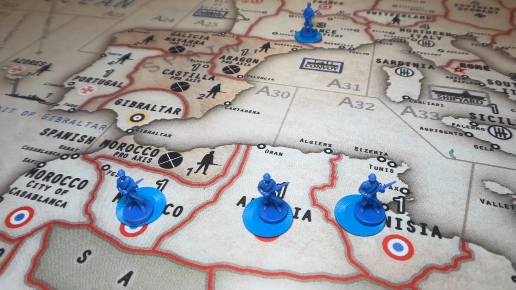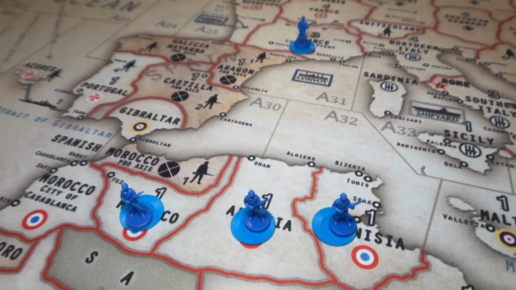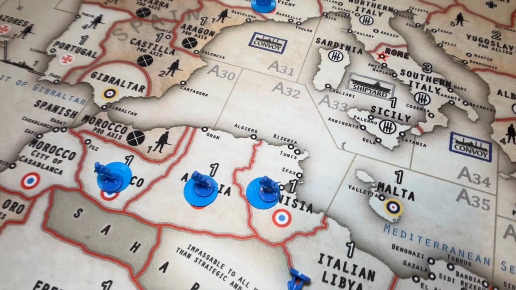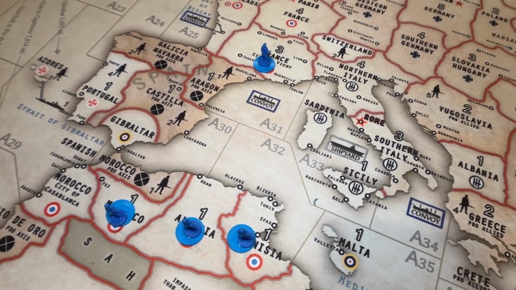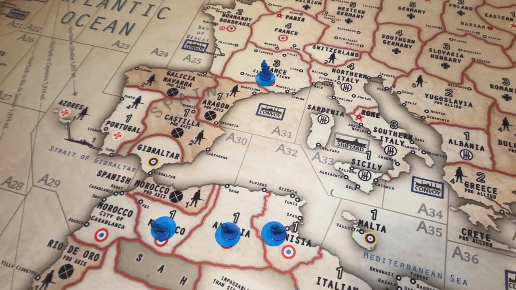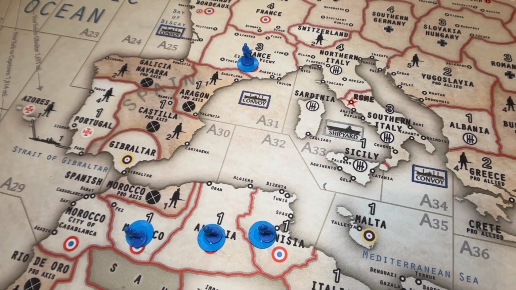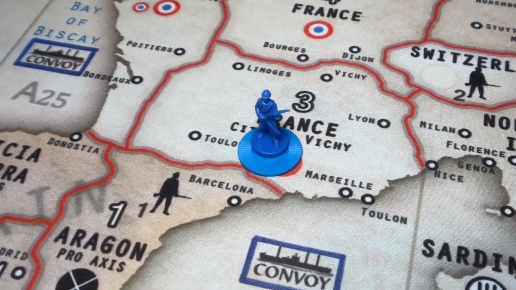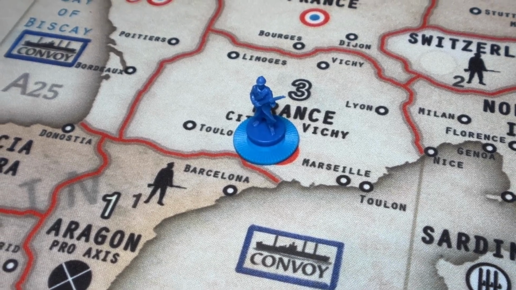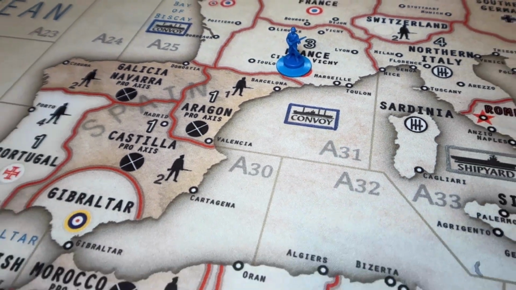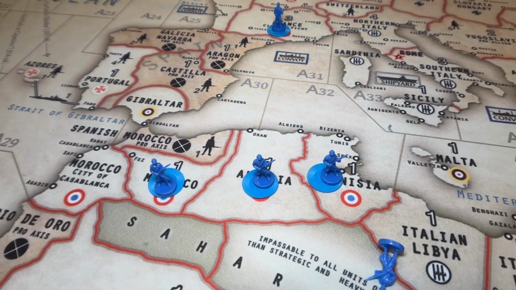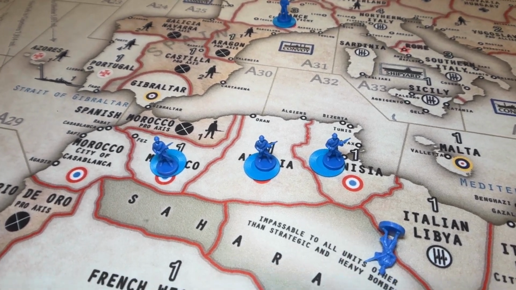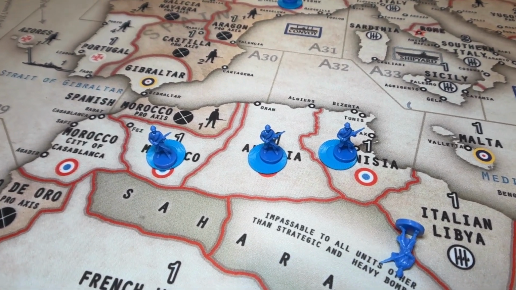What happens when you declare an armistice with the French? Boom. That's what happens. So the German player, if they declare an armistice, has the option of retreating from Vichy and leaving one French unit that will pop up and replace them with a blue control marker underneath it. Every other French unit on the board at that point also gets these little frozen markers underneath them.